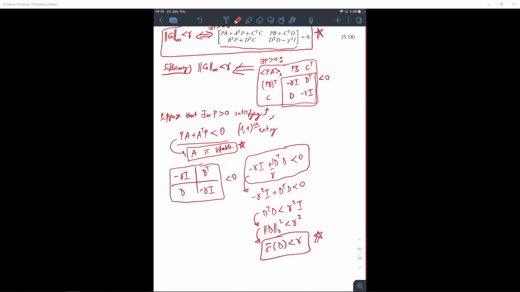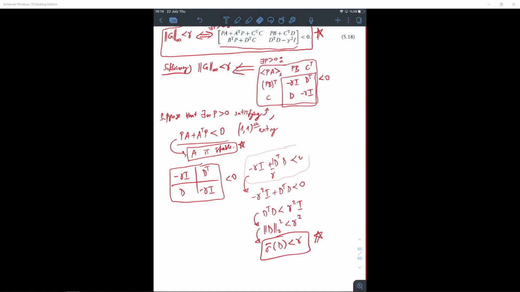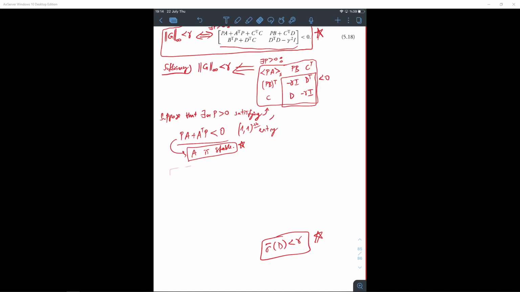So what I'd like to do at this point, it's going to take a lot of space, right?